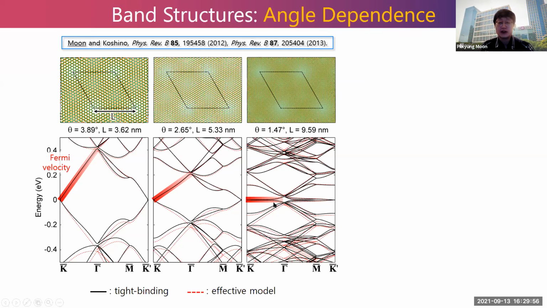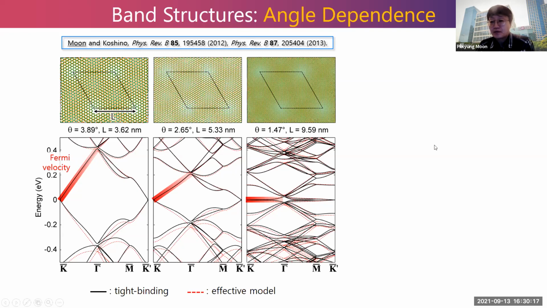So the Moiré superlattice is an excellent candidate for band engineering of the electronic structure. Such a flat band structure gives very high electron density, and many interesting correlated phenomena occur.